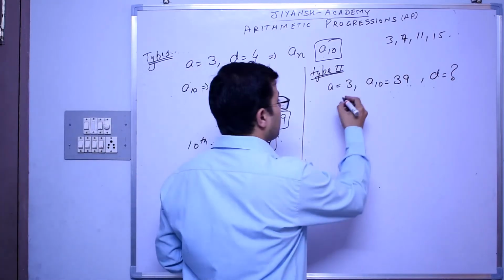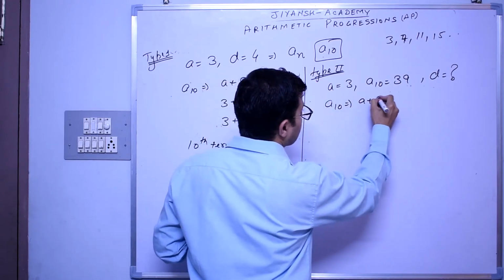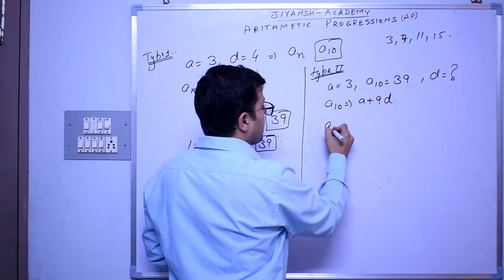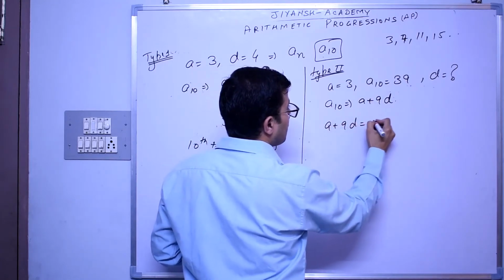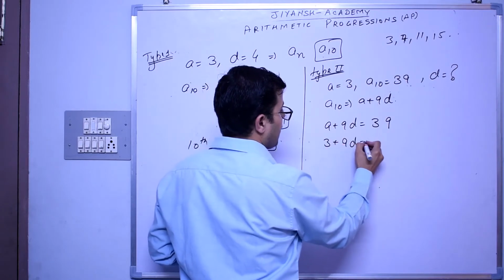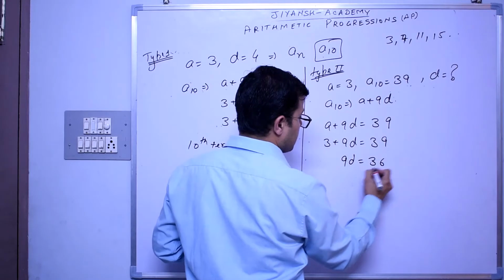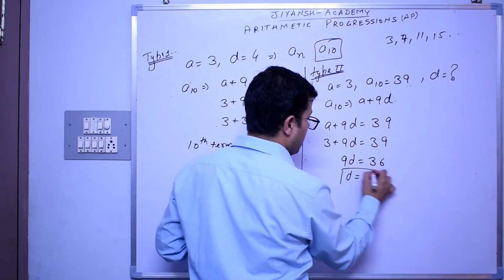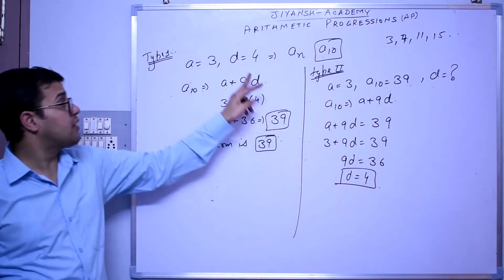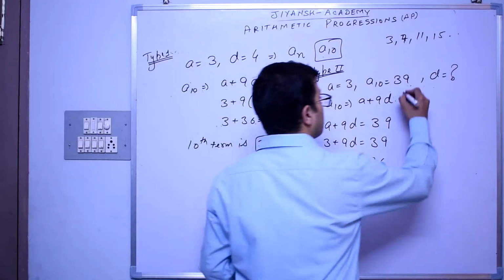In this case, we will again put the same formula, that A10 is A plus 9D. So A plus 9D is equal to 39. A is 3, plus 9D is 39. 9D becomes 36. D comes out to be 4. If you verify it, D was 4 in this case. Right?